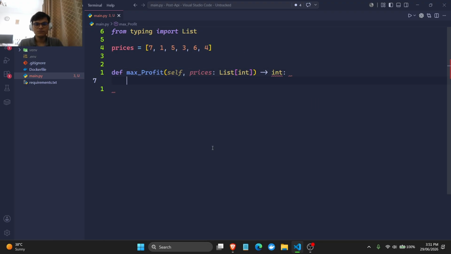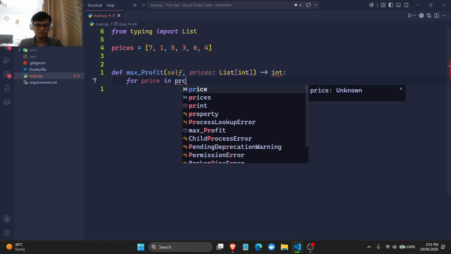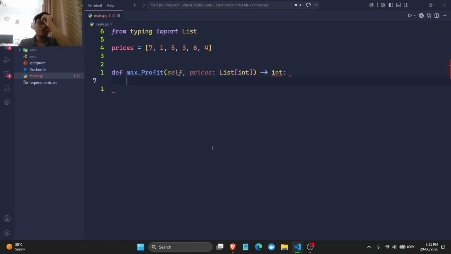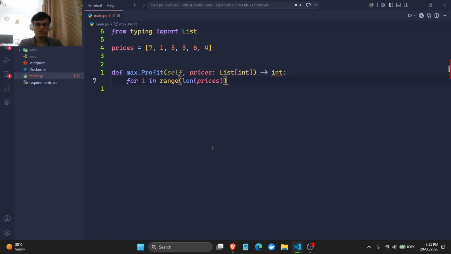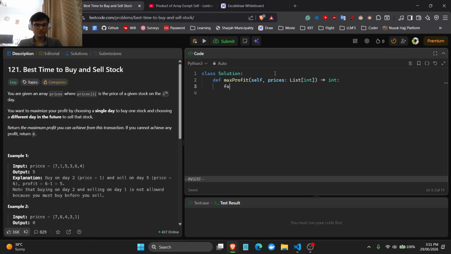Okay. So for price in prices, actually something much better would be for i in range of length of prices. Let's just say max profit is equal to 0 at the moment.